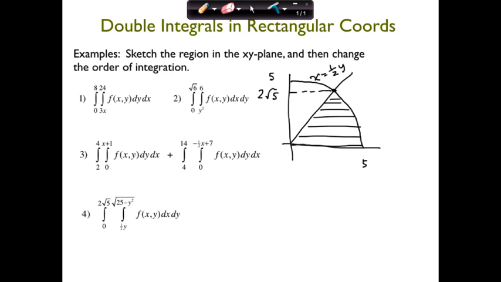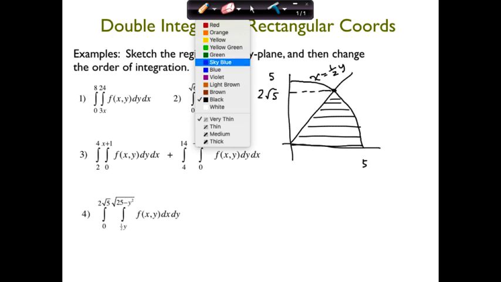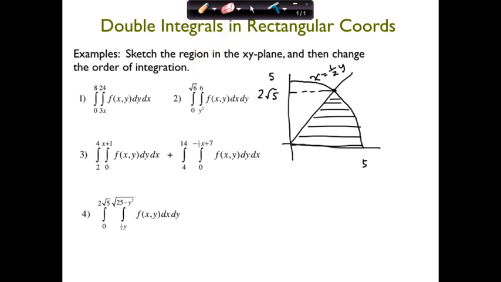Okay, now we want to change the order and do bottom to top first. We want to change it to type 1. What's it going to mean for us here? Do we have to split it? Yes, because of the top, right?